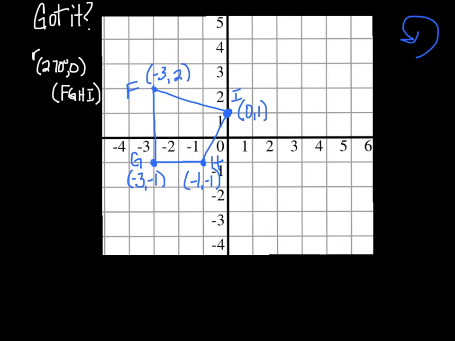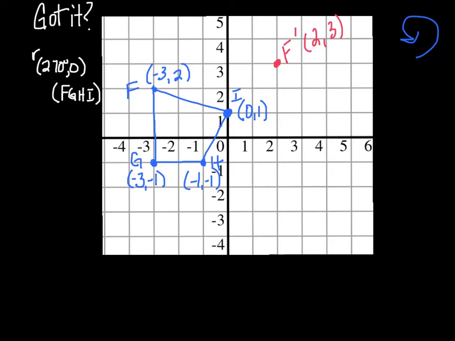So if I flip F, (negative 3, 2), I flip them around, that's (2, negative 3), and then the second one flips the sign, so it'd be (2, 3). So it would become (2, 3), and that would be F prime.